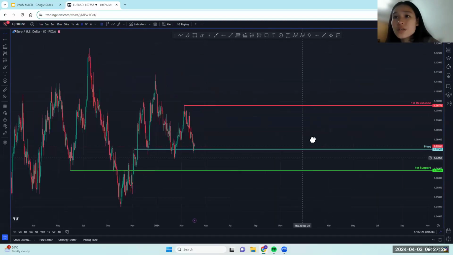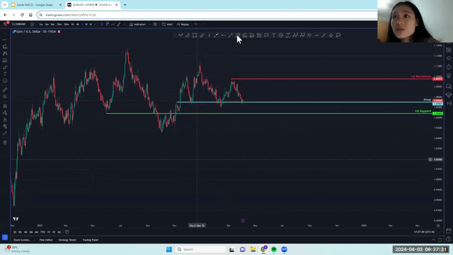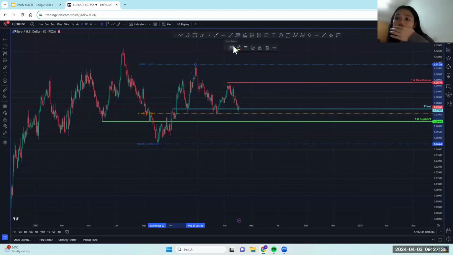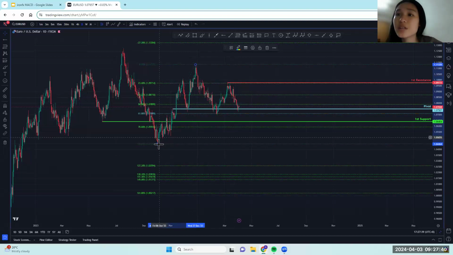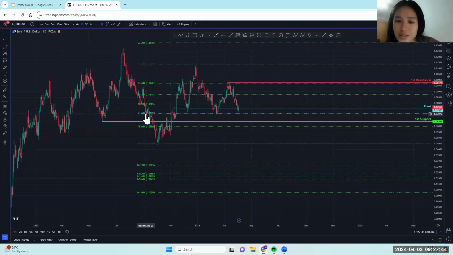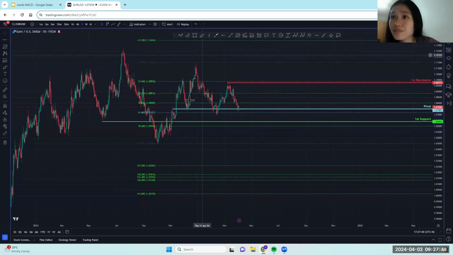Now going in with some Fibonacci levels. I'm going in with a retracement first, and you can see my 61.8 lines up with my pivot, and my 78.6 also lines up with my first support.